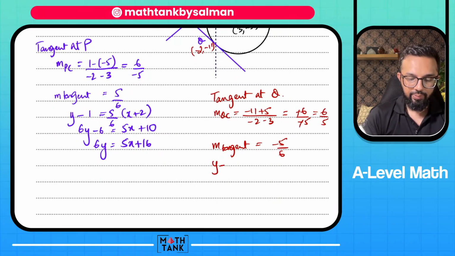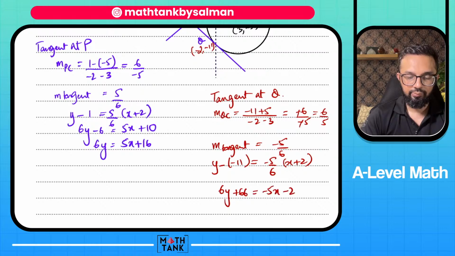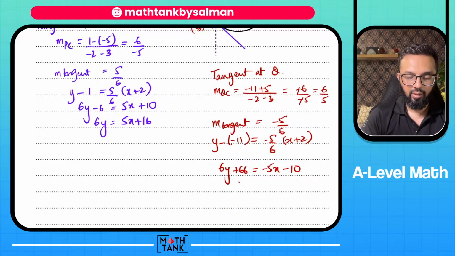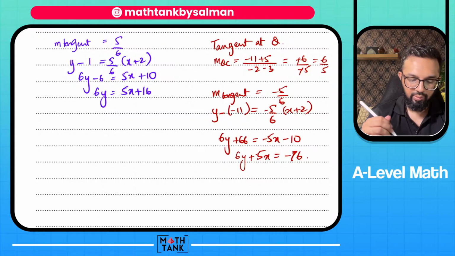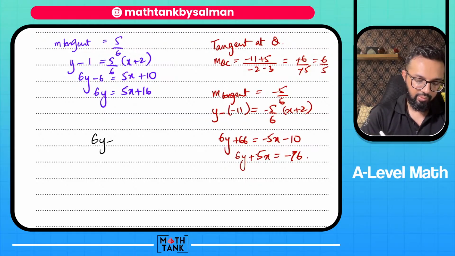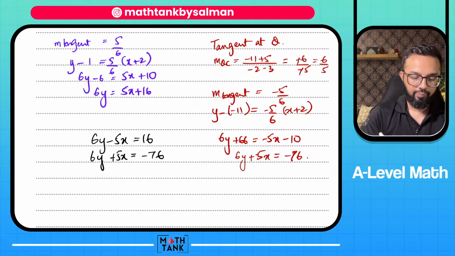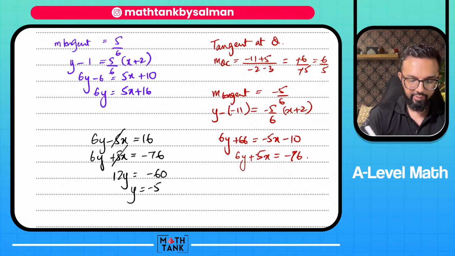So y minus y1. So that's 12y equals minus 60, I think. Y equals minus 5.